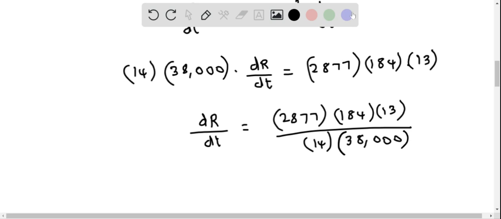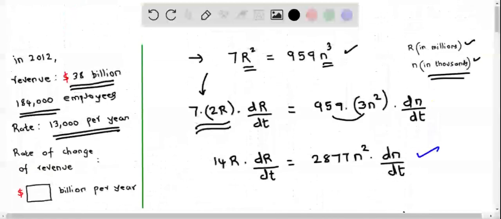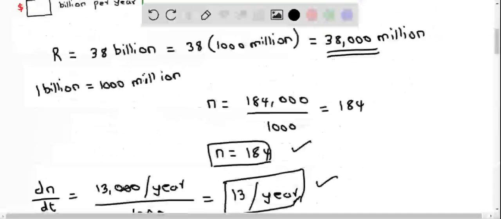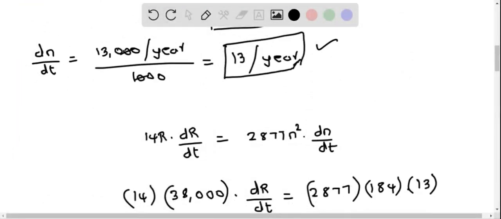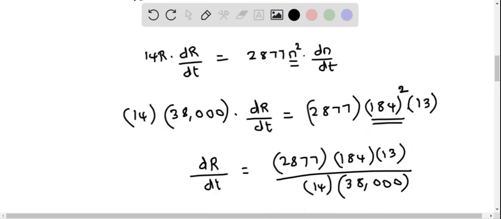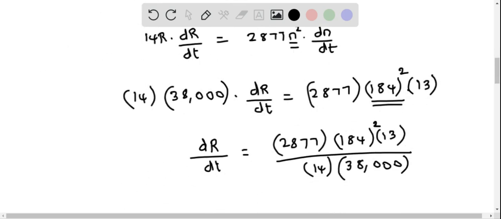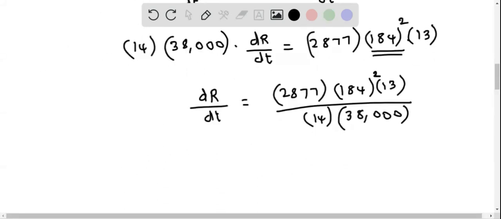I just observed that this 184 has to be squared, because we have n². This means when we replace n by 184, this has to be squared. So this will also be squared. And we plug this expression into the calculator, and we find dr/dt.